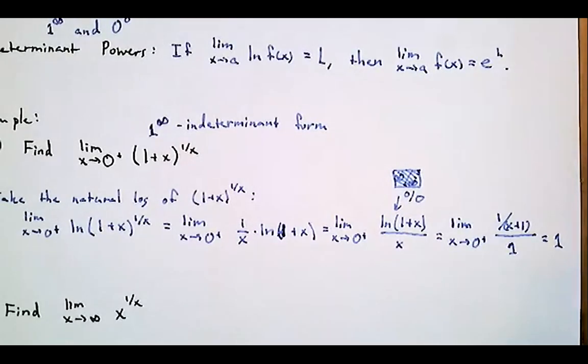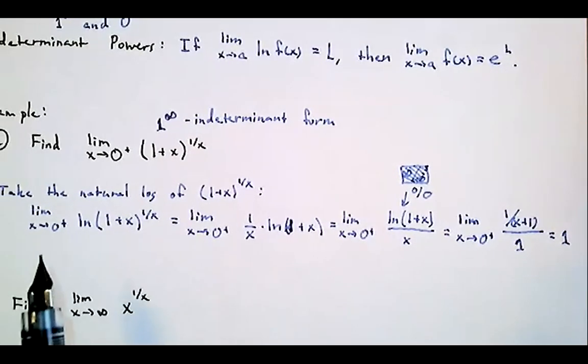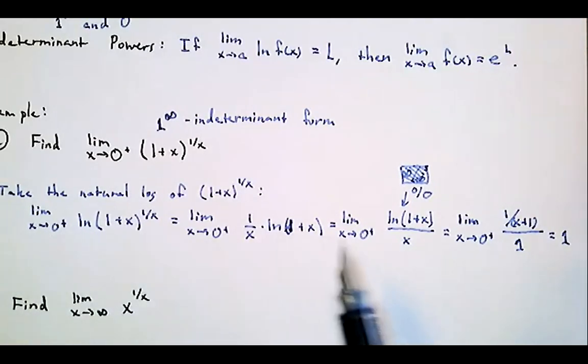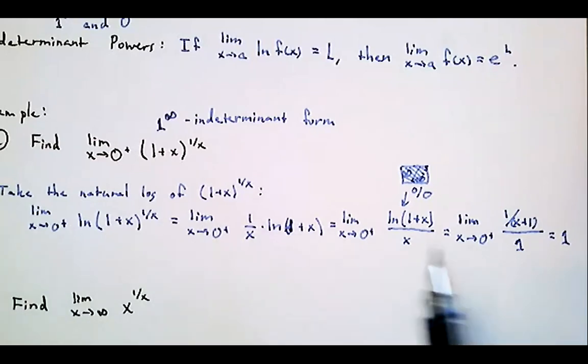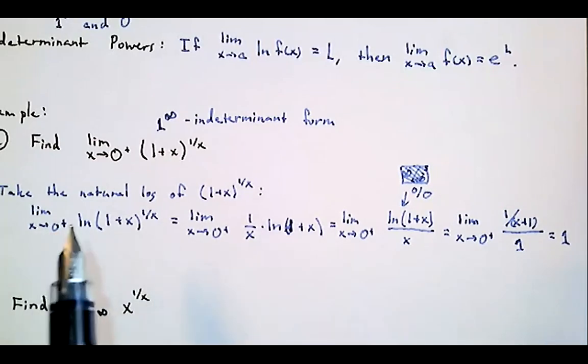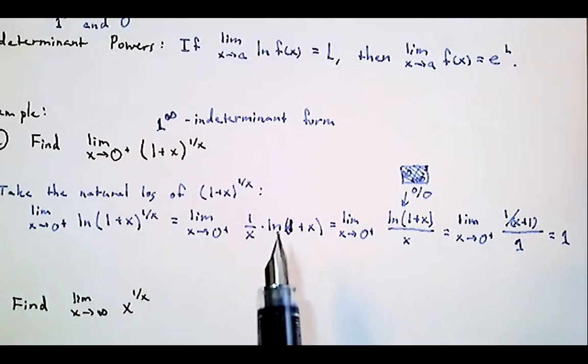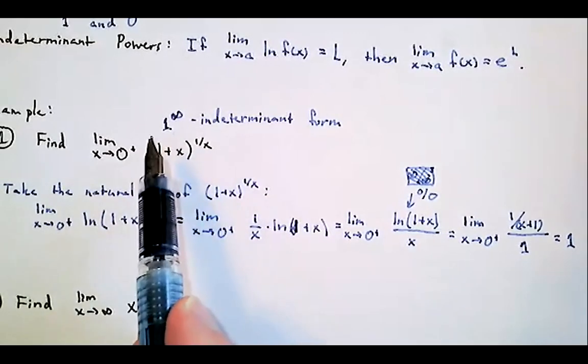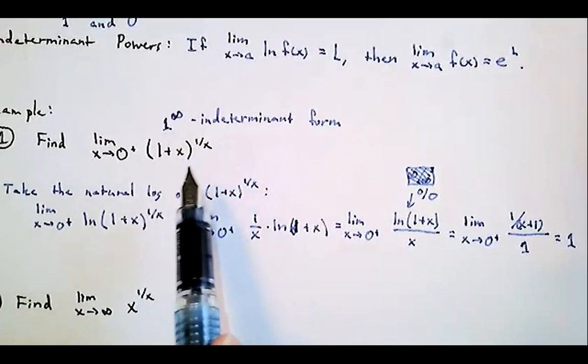Okay, so at this point, we actually have one more step to do, even though we've already done a kind of complex limit, right? We had to use this natural logarithm property and then do L'Hopital's rule to get 1. But this is not our answer, because remember, we've taken the natural log of the original function.